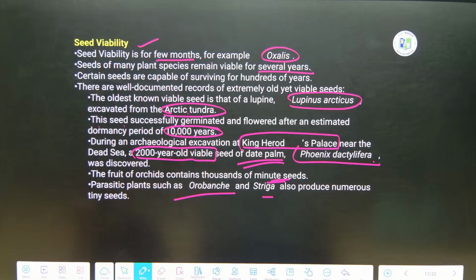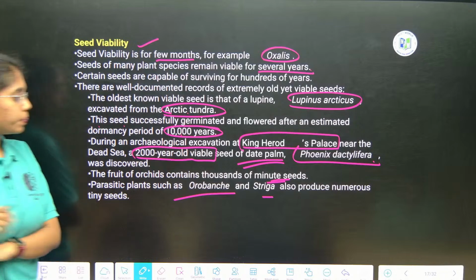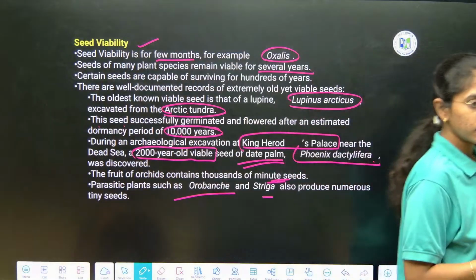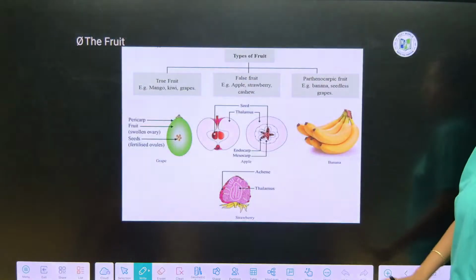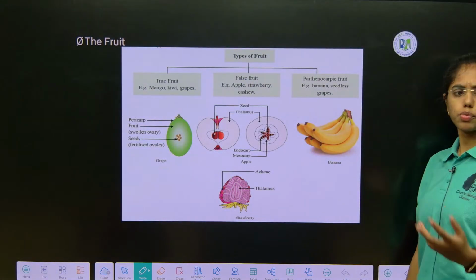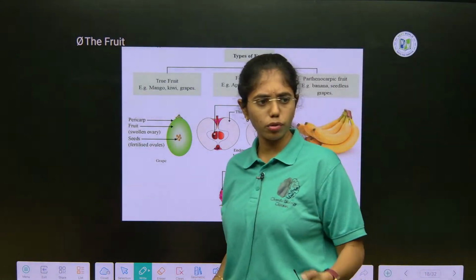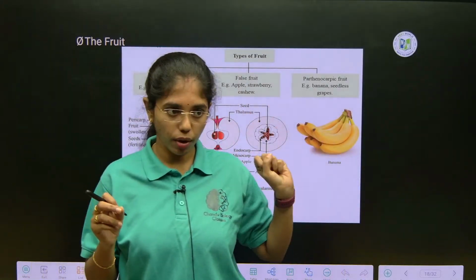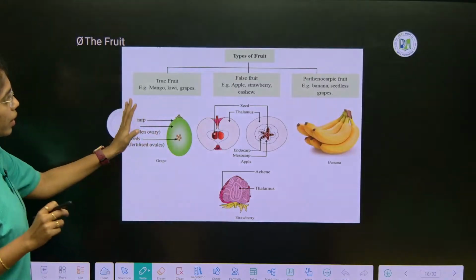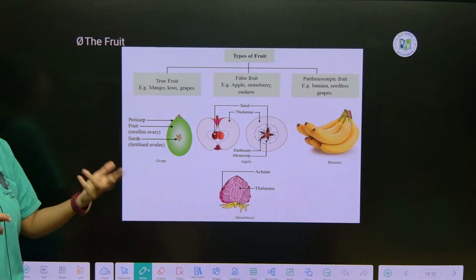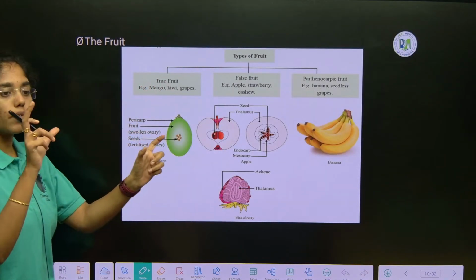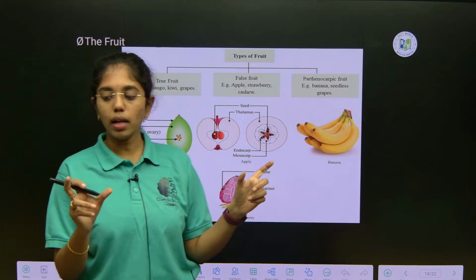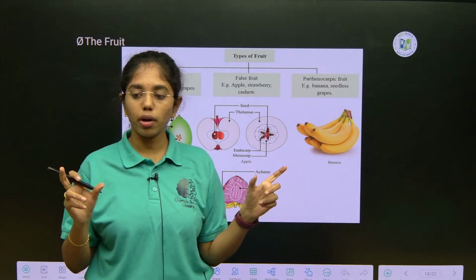Quick, we need to go for fruit, then special modes of reproduction as well. Done? Good. Next is fruit. We have different types of fruits like fleshy fruits, dry fruits, true fruits, false fruits. We have dealt with them in a clearer way when we did morphology. But here you remember types of fruits based on development. We know the ovule post fertilization will form what? Kunal, ovule post fertilization will form?